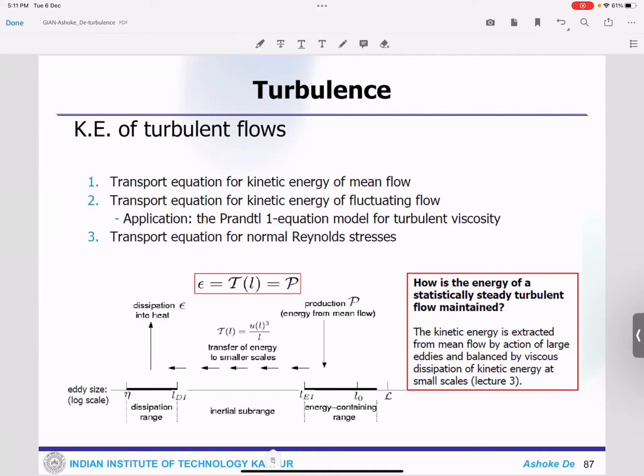Let's say I take a simple example of high Reynolds number flow over a cylinder. It is invariably statistically unsteady, because your vortex shedding pattern always remains like that. So if you definitely use steady RANS, it is absolutely wrong.